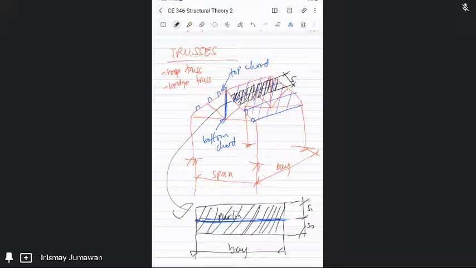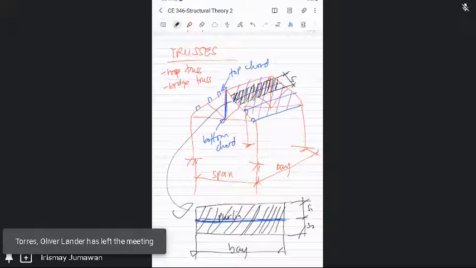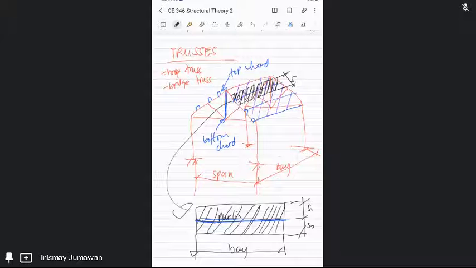Again, your roof load is transferred to your purlins. The purlins transfer it to your top chord. Your truss, including the self-weight of the truss, will transfer to the column. Then for the column, the load, in my drawing it is just a column. But in actual, the load of your roofing transfers to the purlins, the purlins transfer to the truss, the truss load transfers to the beam, then to the girder, then the girder transfers to the column, then to the footing.